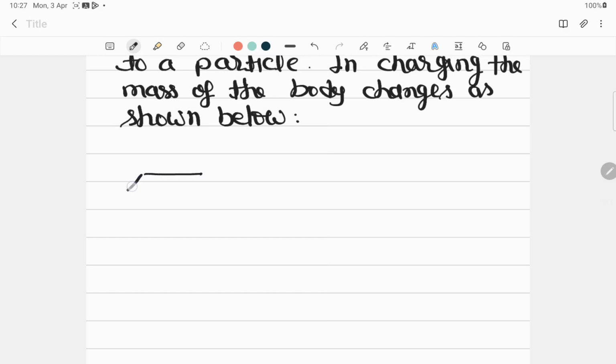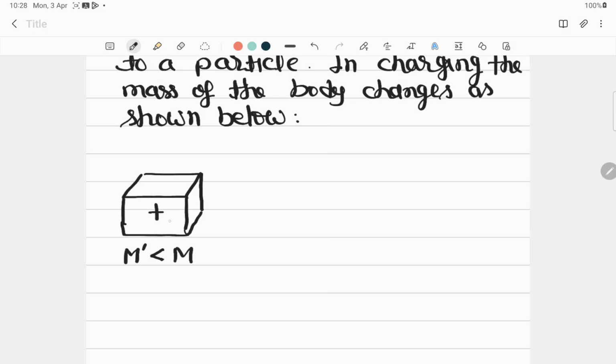Suppose this is a rectangular shaped body, and it is positively charged. Positively charged means m prime less than m. M is the mass in the case when it is not charged, and m prime is the mass when it is charged.